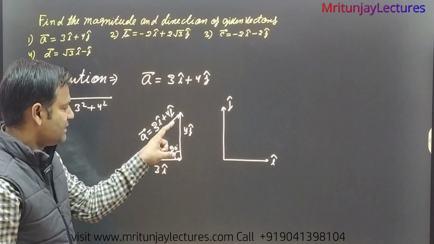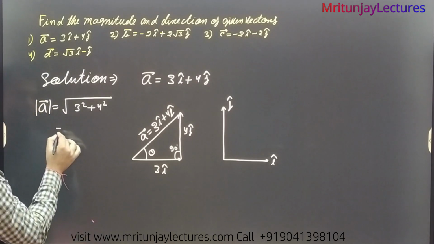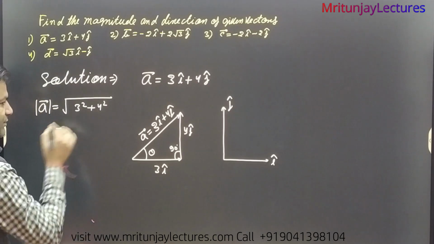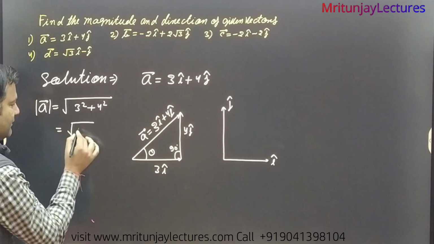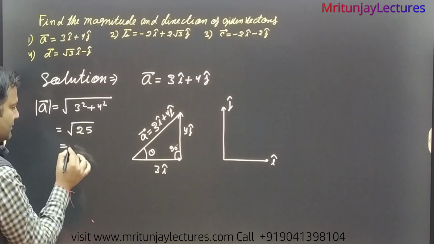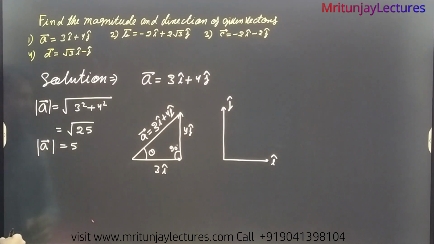The square of that side plus the square of that side is equal to this. So that is 9 plus 16, which is 25, and the square root of 25 is 5. So the magnitude of vector A is 5.